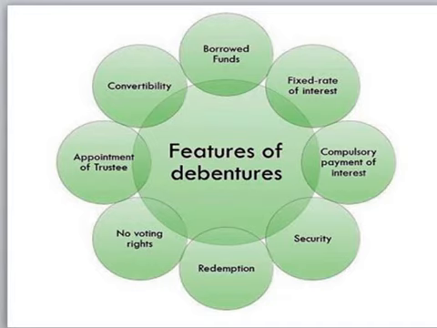Redemption means the debentures are repaid, that is, the repayment activities. Then debenture holders don't have any voting rights. Equity shareholders have voting rights, but debenture holders don't. They can, however, appoint trustees with that company.